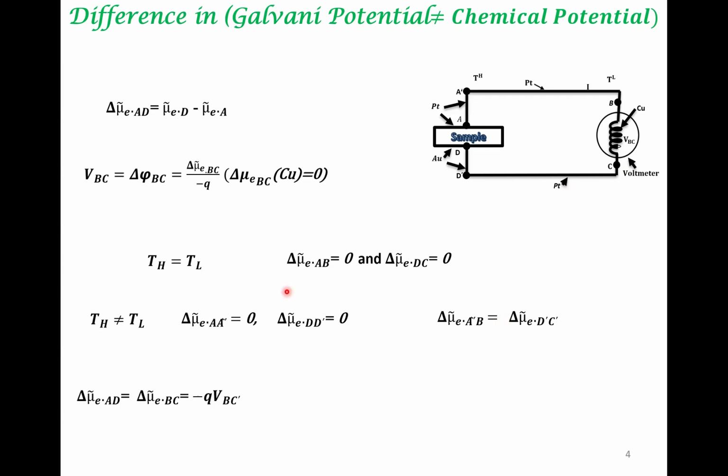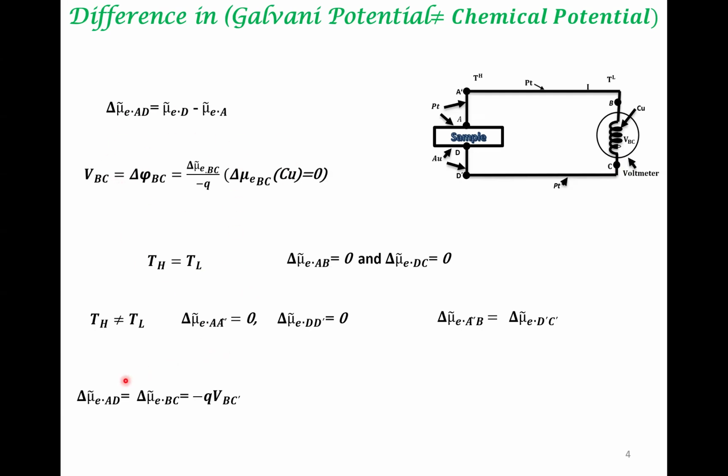Putting all these things together, that is this condition or this condition, into the definition of difference in electrochemical potential, what we can state is that the difference in electrochemical potential between A and D is the same as the difference in electrochemical potential of the electron between the points B and C. So we have just substituted this into these equations.